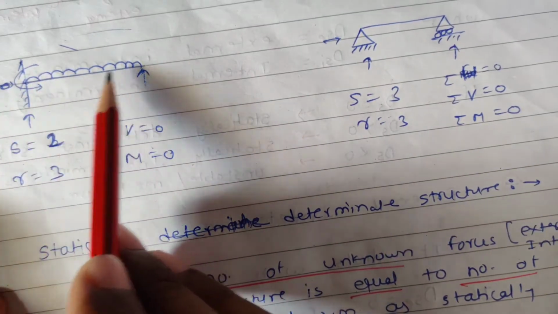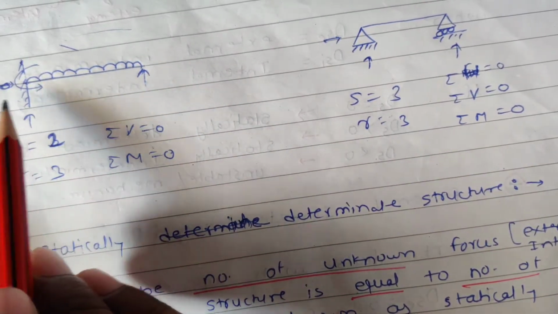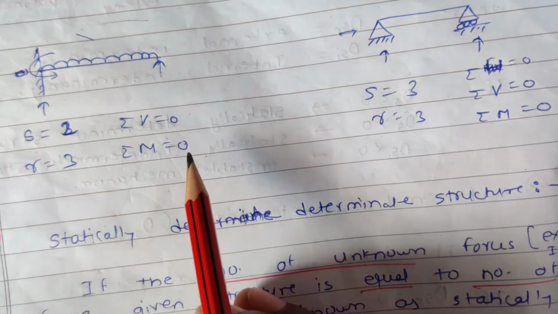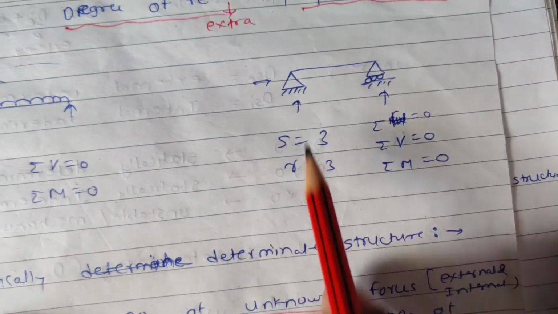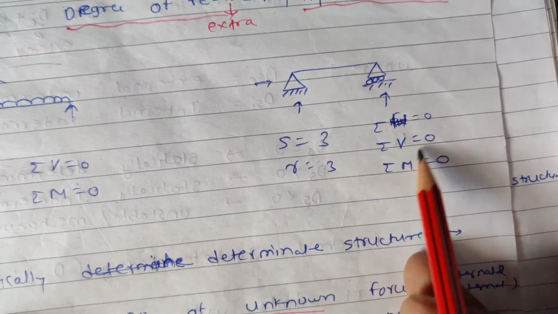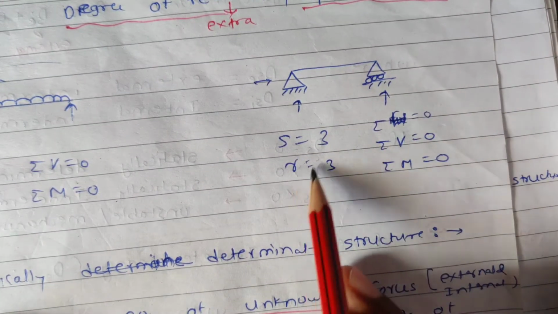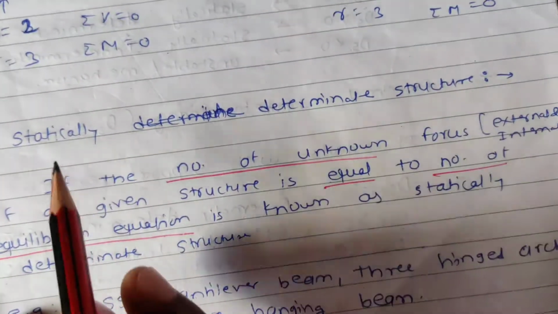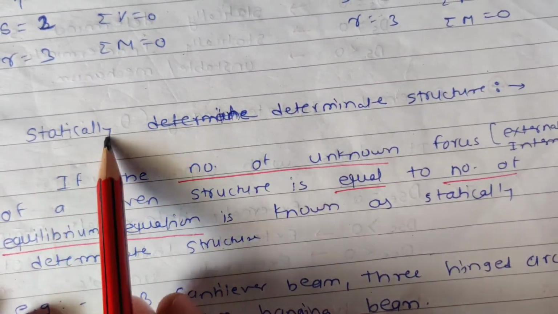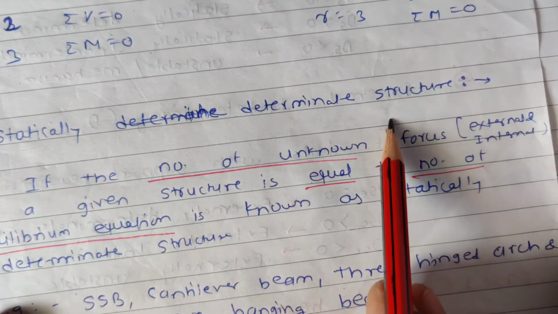This S is equal to 2, R is equal to 3. Next, in this example, R is equal to 3, which are the horizontal, vertical and moment equilibrium equations.